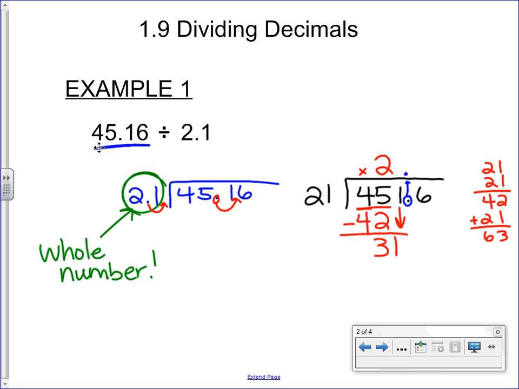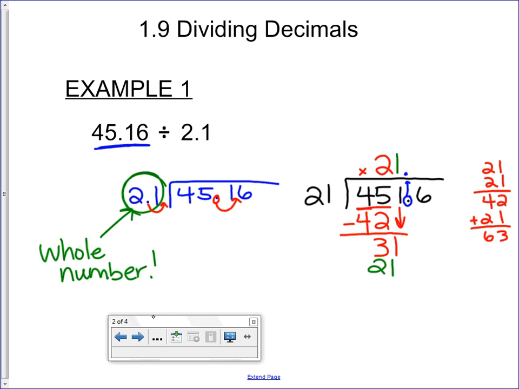Now we're going to start this process all over again. 21 goes into 31 one time. 1 times 21 is 21. We're now at the subtract step. We subtract to get 10. 21 cannot go into 10, so we bring down the next number.